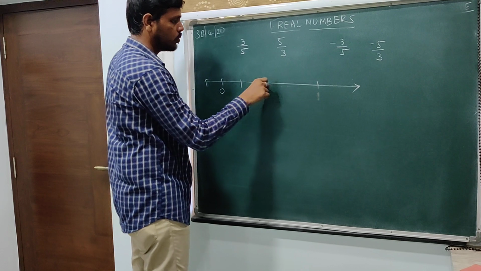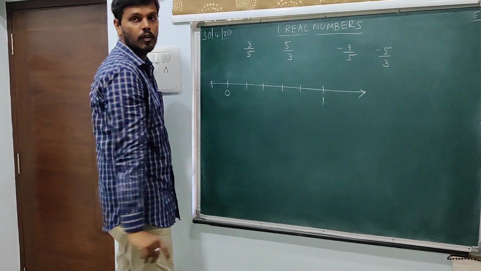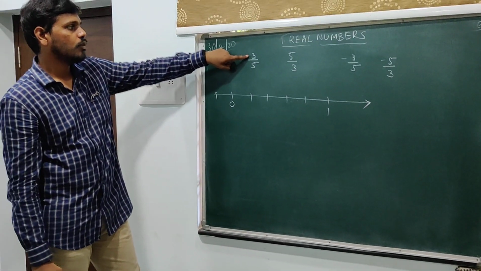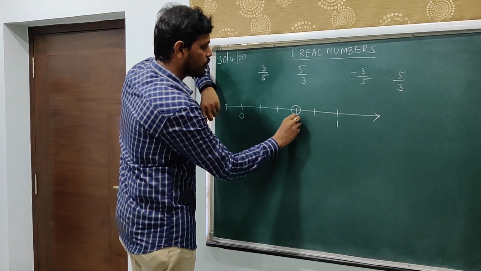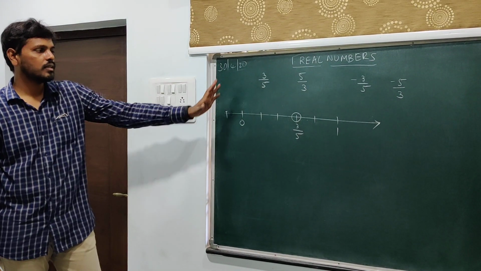So 1, 2, 3, 4, 5. 5 equal parts, and out of these 5 equal parts, we want 3 parts. So 1, 2, 3. Now this is what we call 3 by 5. Now this is basically based on the definition.